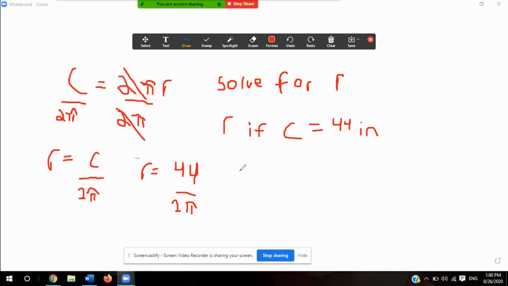So in your calculators, you multiply 2 times pi, and the result of that you divide by 44. I'm going to actually approximate the answer. 2 times pi is approximately 6.28.